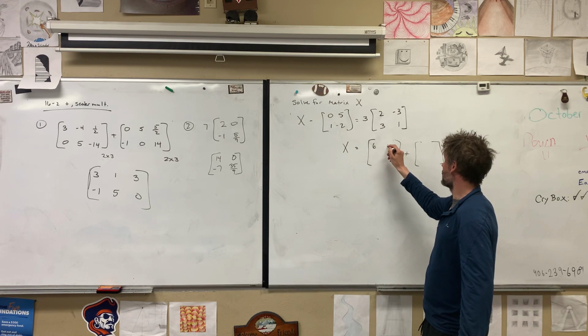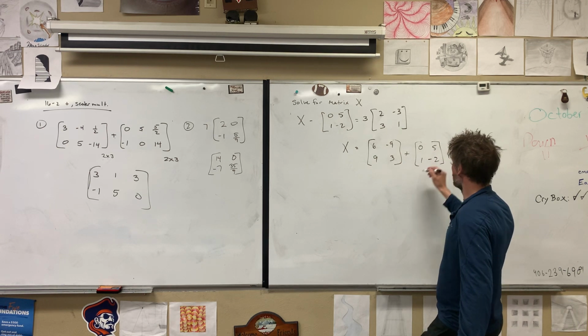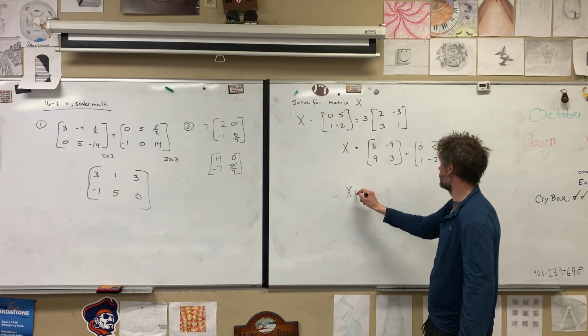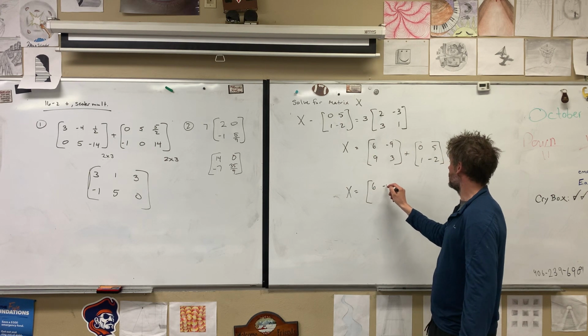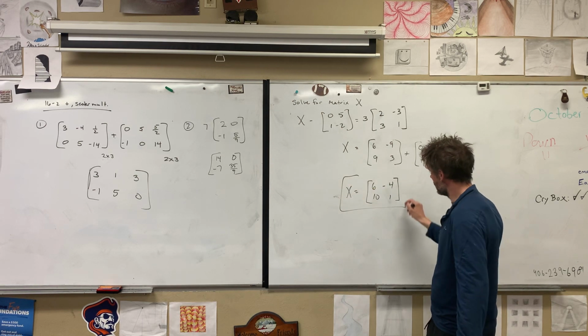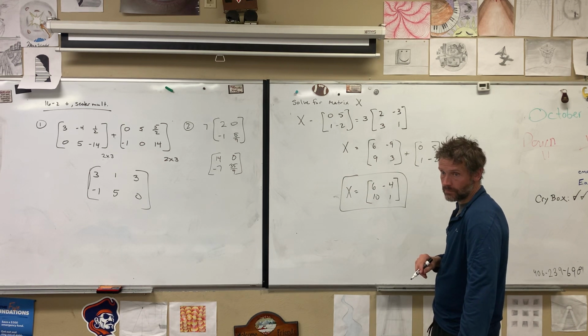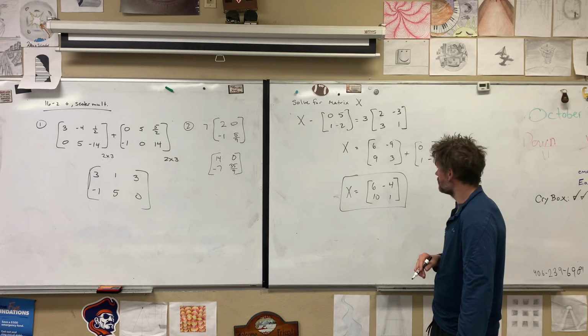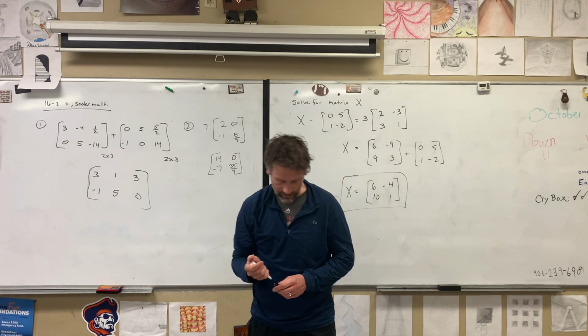You'd end up with 6, negative 9, 9, and 3, plus 0, 5, 1, negative 2, which gives 6, negative 4, 10, and 1. And done. There we go. That's it? That's it. Yeah, that's really the basics of it.